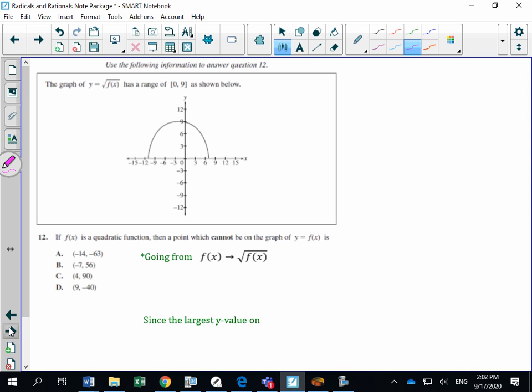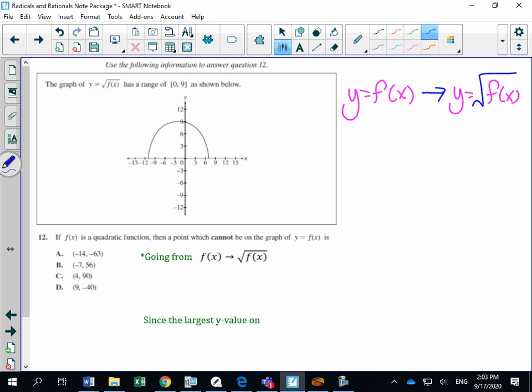It says, this is the graph of y is equal to the square root of f of x. So this graph is already a radical function. Generally we have a standard function, y is equal to f of x, and to transform that into a radical function, you take whatever the function is, f of x, and put it underneath a radical sign.